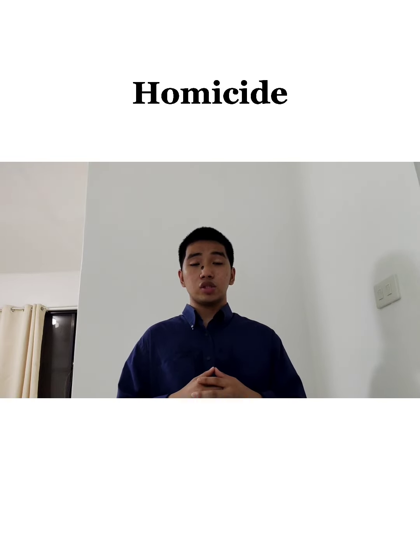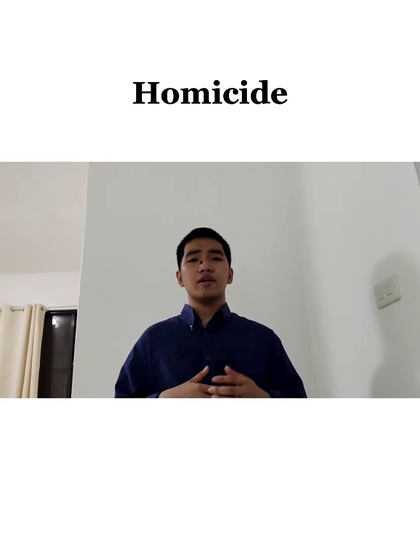Also, there are elements to be satisfied before a killing can be considered as murder. First is treachery. Second, if the killing is in exchange of promise, reward, or any monetary value. Third, if the killing is done through poisoning, explosion, or fire, then it is murder.